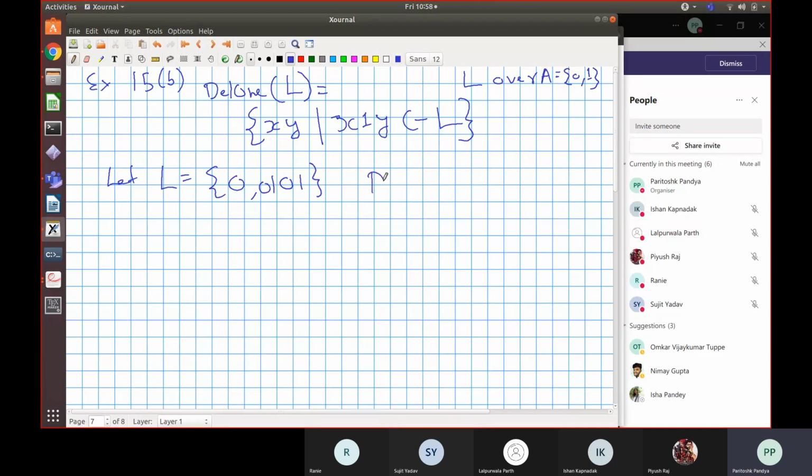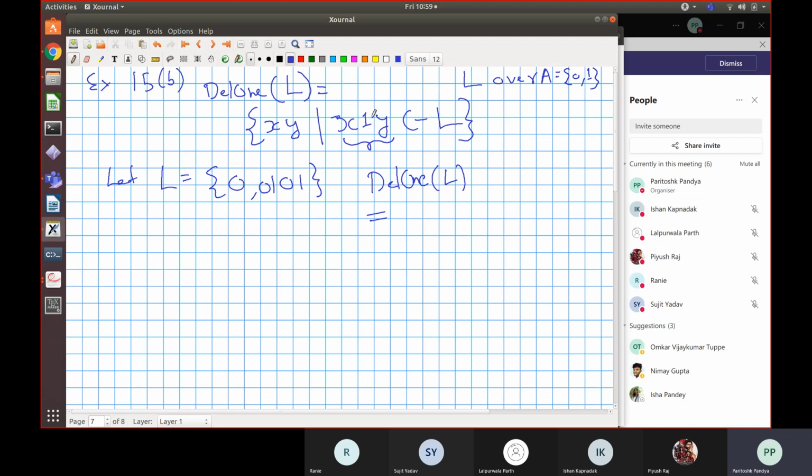Then can anybody tell me what will be del 1 of L? Sujit? So what happens? You have to pick up a string which is of the form x1y. That is, there is some 1 in the string, and the things to the left of it are called x, and the things to the right of it are called y.